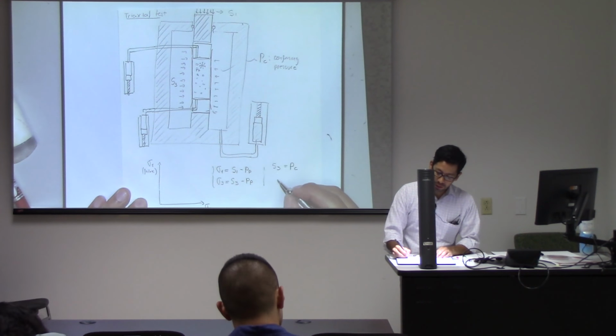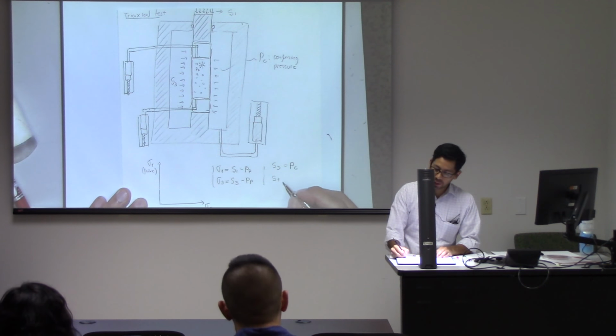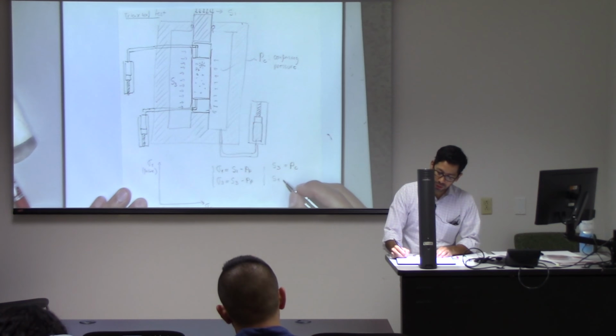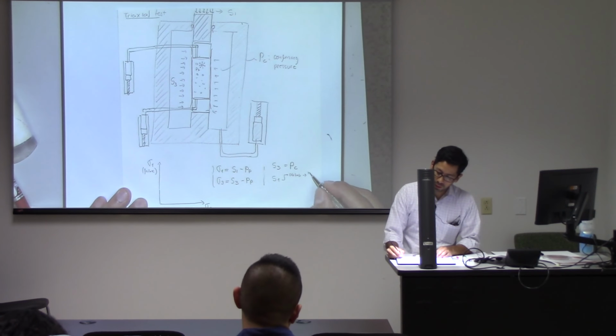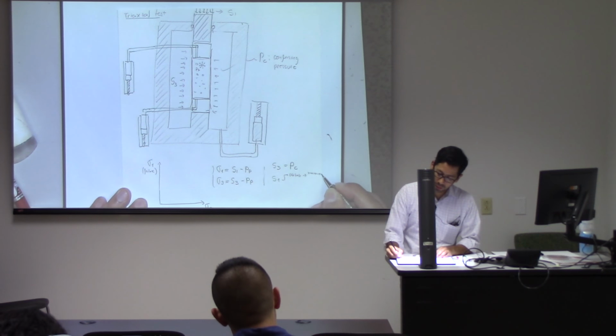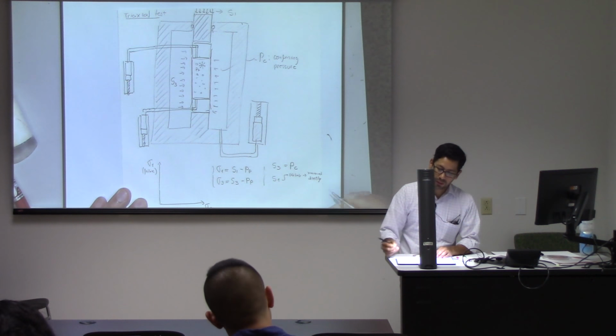The value of S1, sometimes, and this is what you're going to do in the lab, so when you go to your lab, S1 is going to be measured directly.